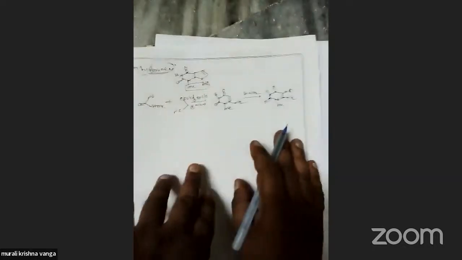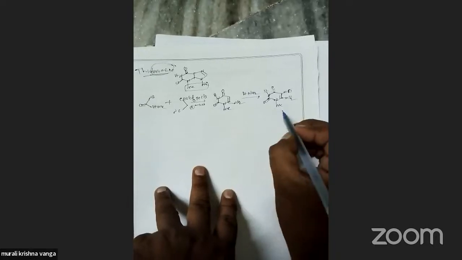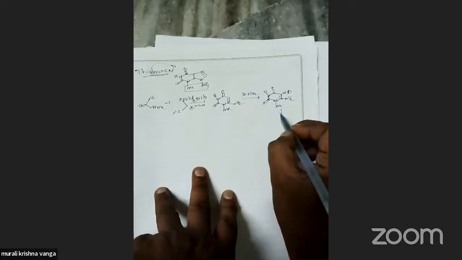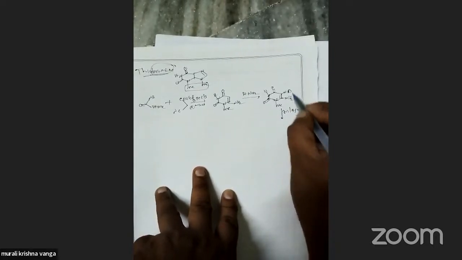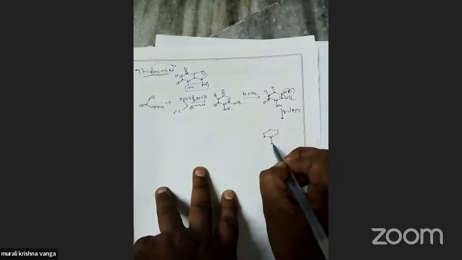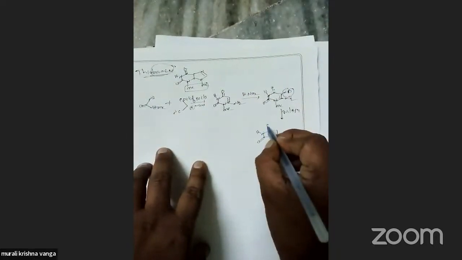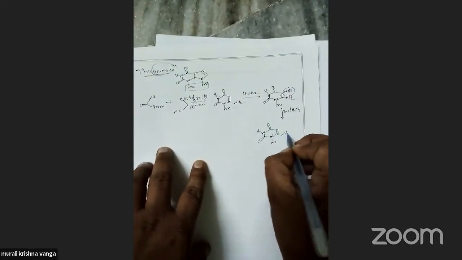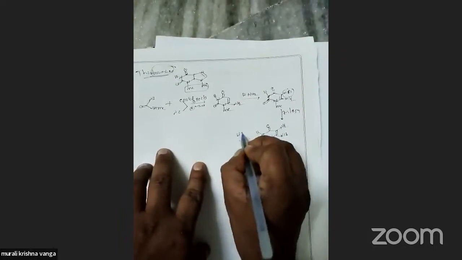It is reacting with zinc in sulfuric acid. Nitroso is converted into amine. NH2 reacting with formic acid.